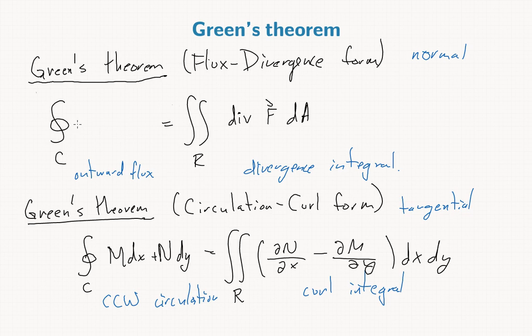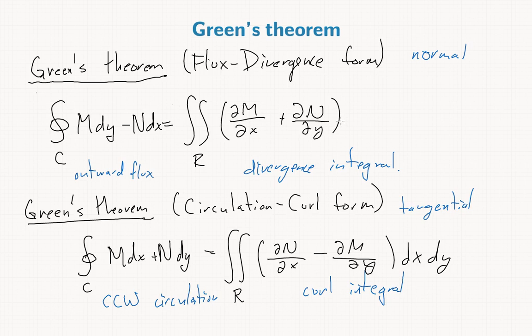For integrating for outward flux, we'll be integrating M dy minus N dx, and then the divergence will be del M by del x plus del N by del y dx dy. So both versions have one side where M is paired with x and N is paired with y, and then another side where they're swapped.